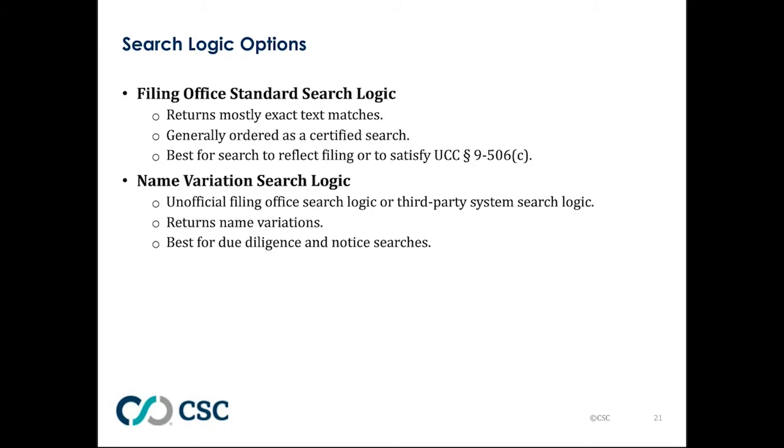The other alternative is name variation search logic. This can be available as unofficial state search logic that they make available as a convenience on their website. There are also third-party systems that offer name variation search logic.